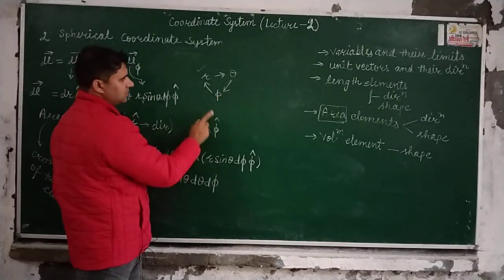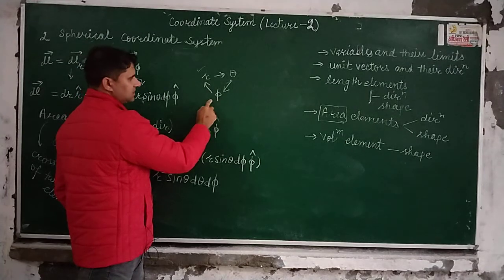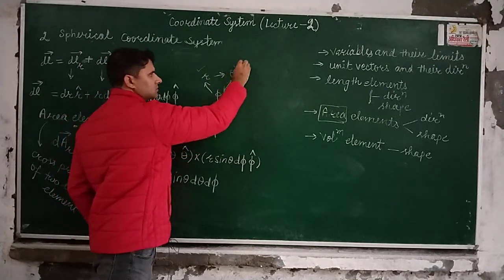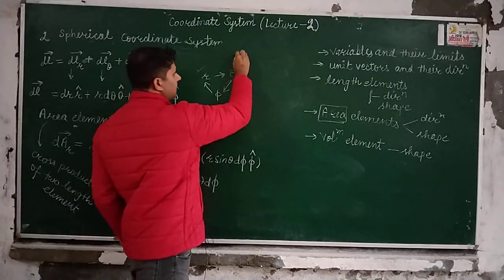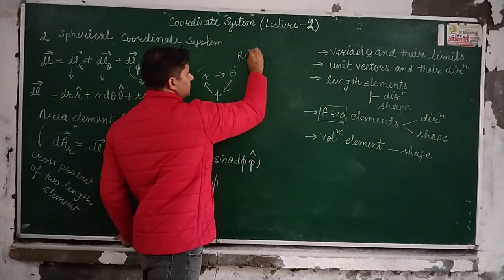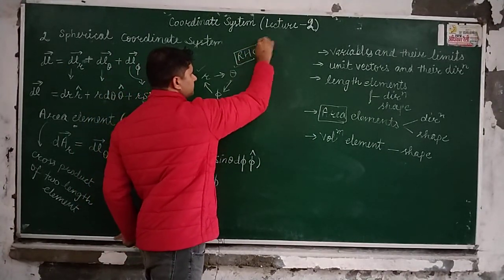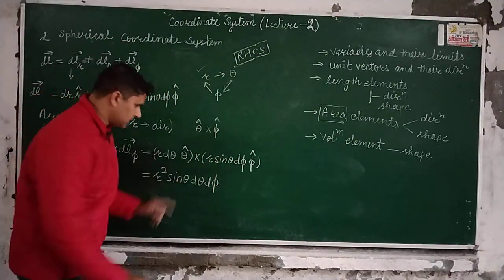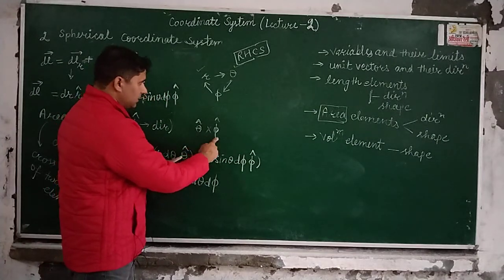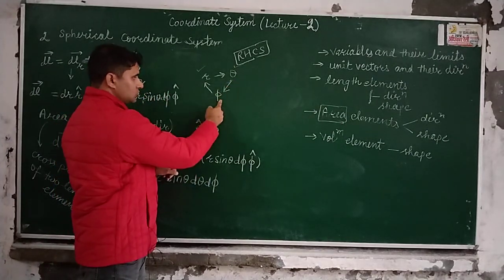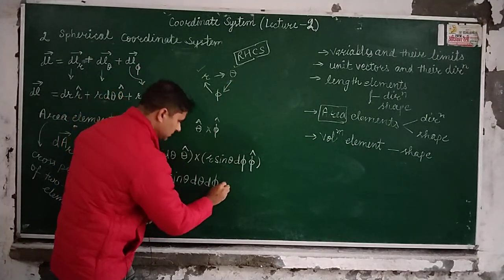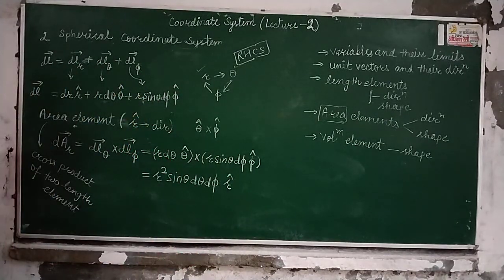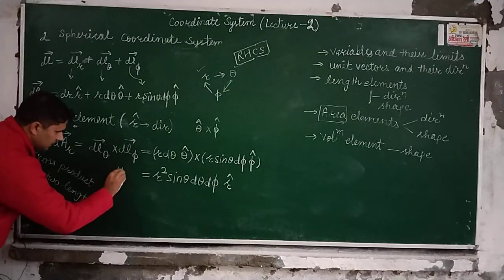And the cross product of phi cap and r cap will give you theta cap, because we are discussing a right-handed coordinate system. So you need to keep this cycle in your mind. Here we have theta cap cross phi cap, so you will get plus r cap. This is how you can find the area element dA_r.